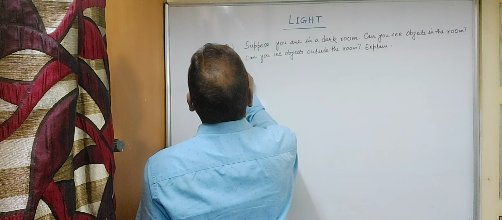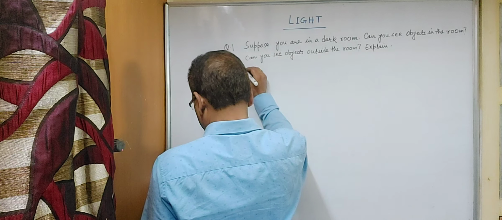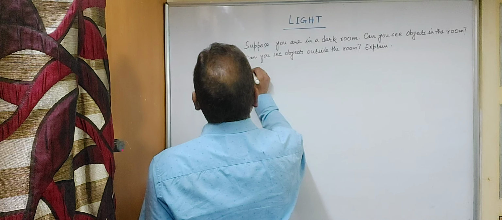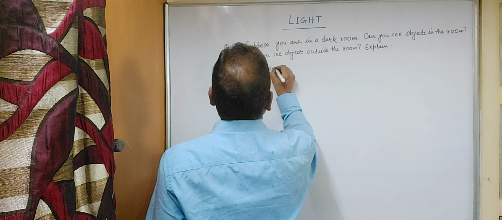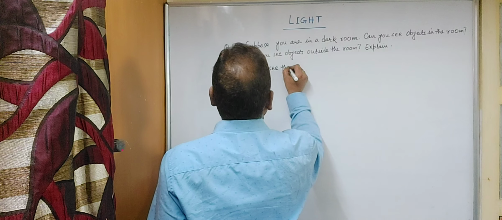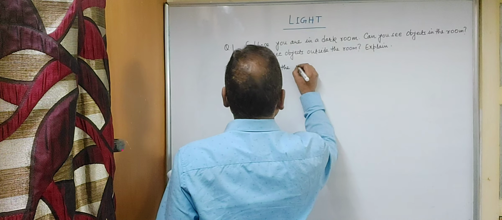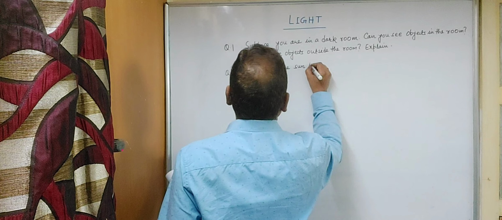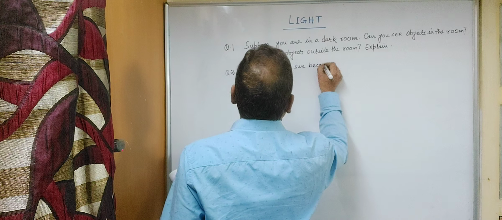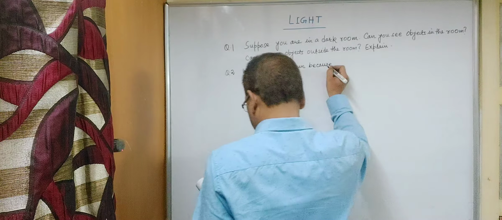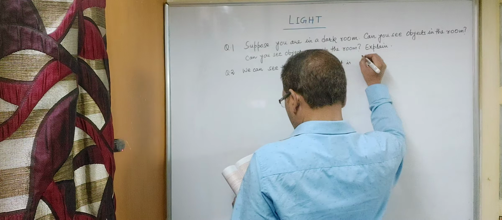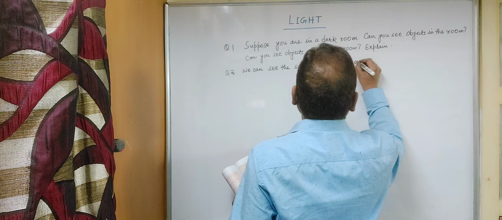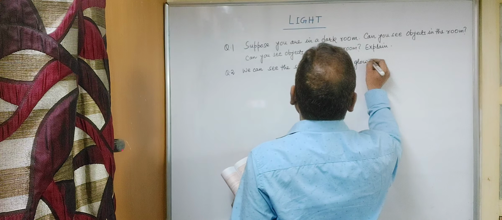Then question 2. We can see the sun because it is glowing.